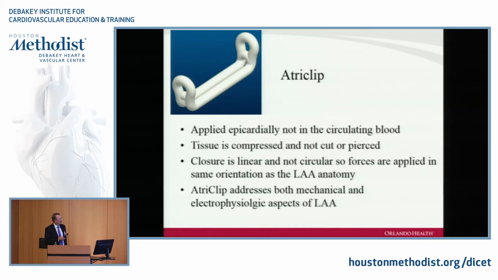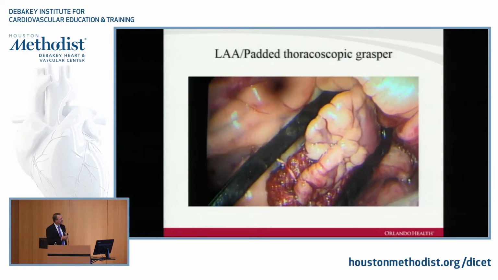Applied epicardially, not in the circulating blood pool, it compresses the tissue and actually helps not only to remove the appendage from the blood pool mechanically, but also is important in the electrophysiologic aspects of the maze procedure as well. That's part of the maze procedure, is removing some of the rare but documented places for left atrial appendage flutters and that sort of thing. So that is a part of the lesion set.